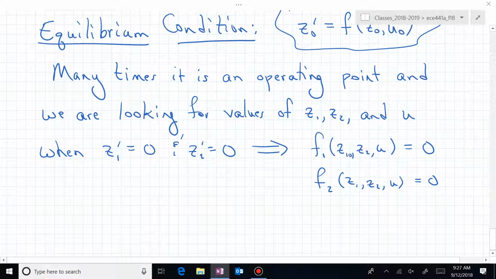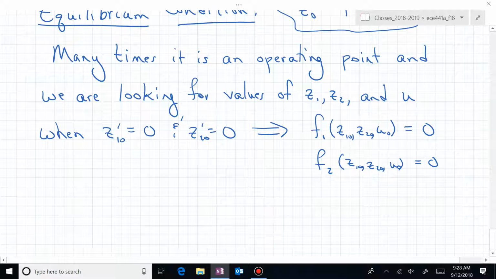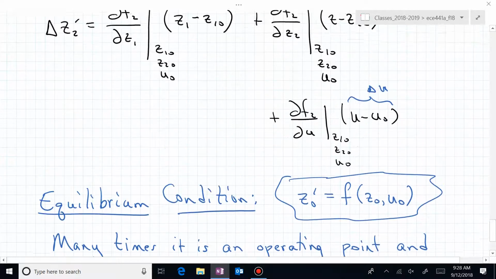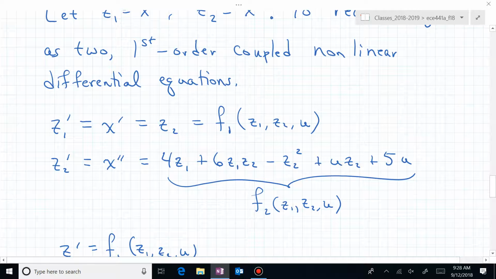So this is now all of these subscripts at the nominal value. And we have those equations. Here's F1, that's Z2, and F2 is this mess.